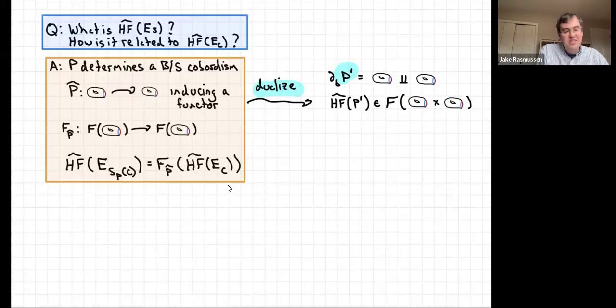Okay, I've got a cobordism from the empty set to two copies of the punctured torus. And then the general yoga of how this theory works will tell you that I should get an invariant that's in the Fukaya category of the product of the punctured torus with itself.